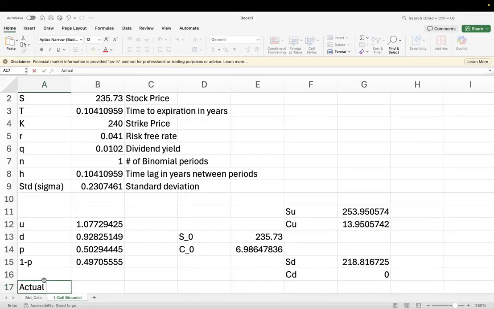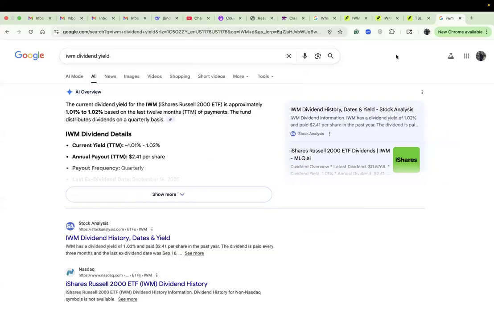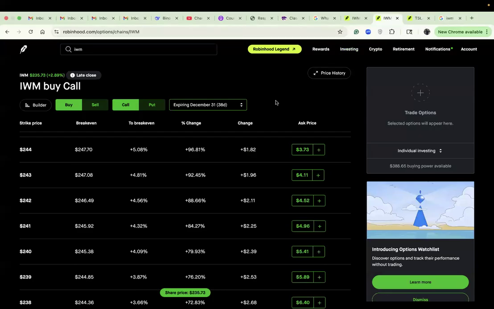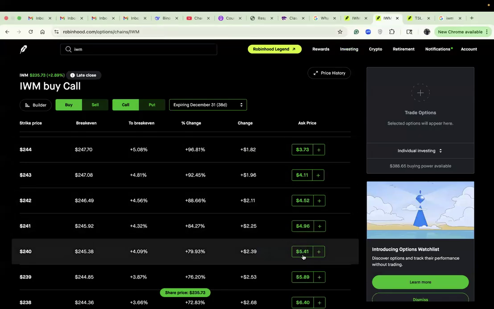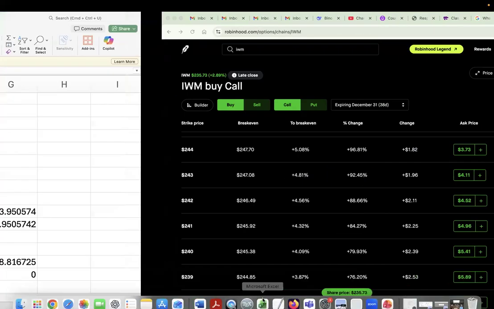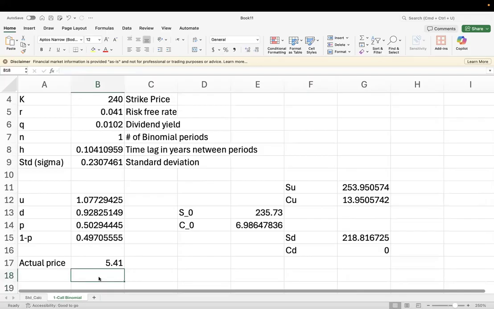Let's take a look at the actual price for the 240 strike: $5.41. Okay. So this is the 1-3 binomial call option. Perfect.